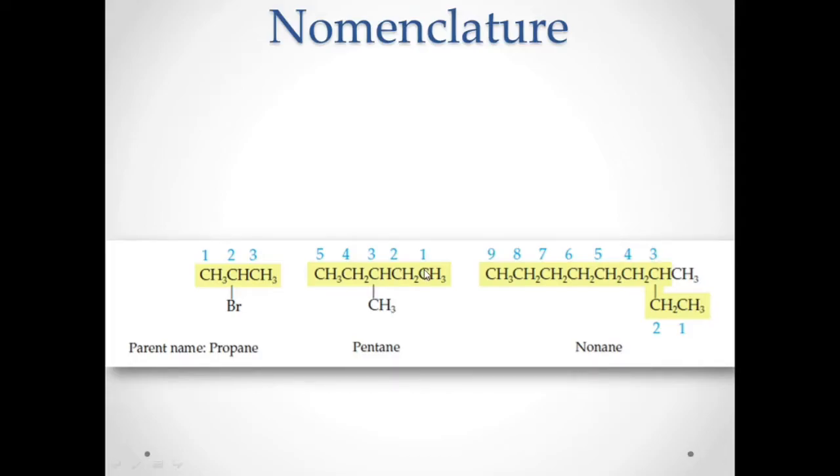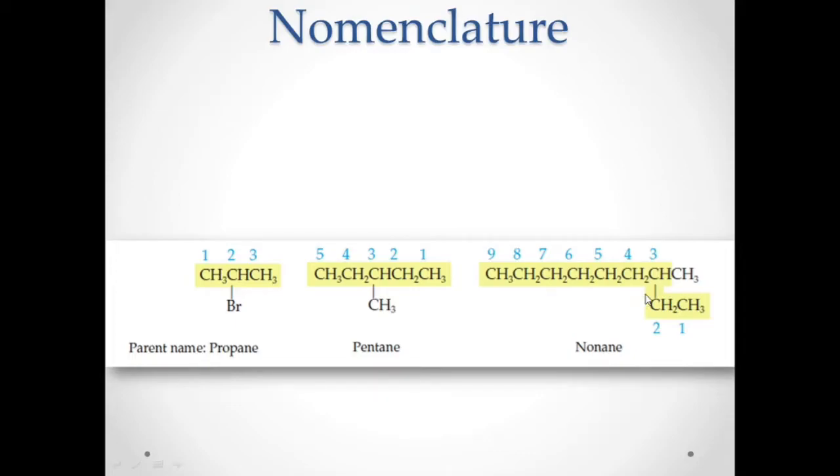So the first step would have you number your continuous carbon chain in a way that would attain the longest continuous carbon chain. Okay, so since 5 is the longest, then your parent compound would have a name to be pentane. Okay, if 3 is the longest chain, then the parent name would be propane.